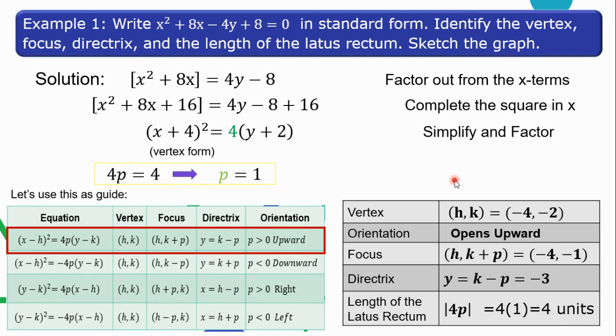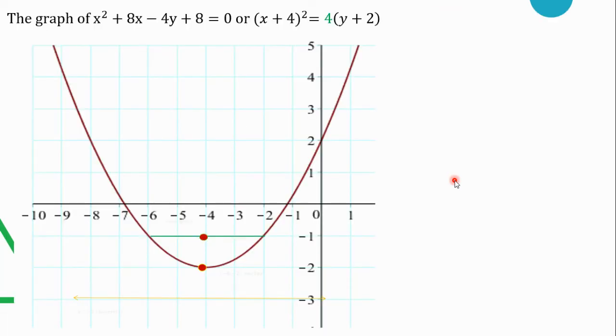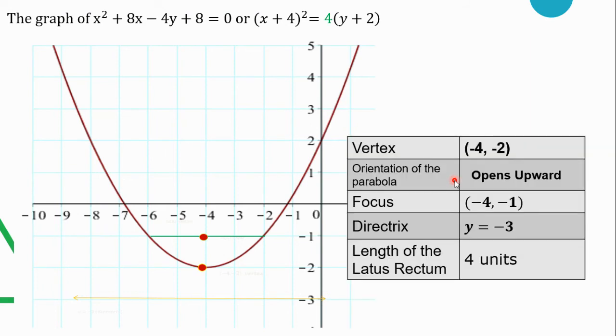Clear? Okay, to see it, we will graph it. Okay, look at this figure. Our vertex is at negative 4, negative 2. And our focus is negative 4, negative 1. And our directrix, y equals negative 3.